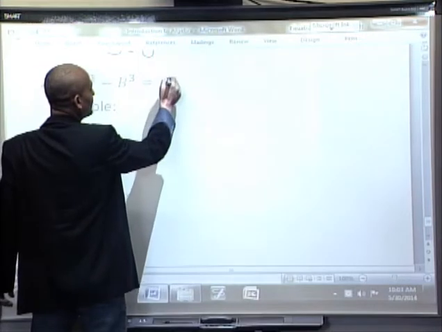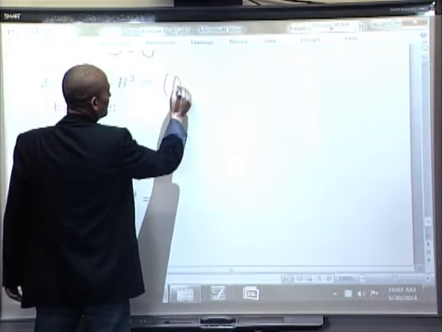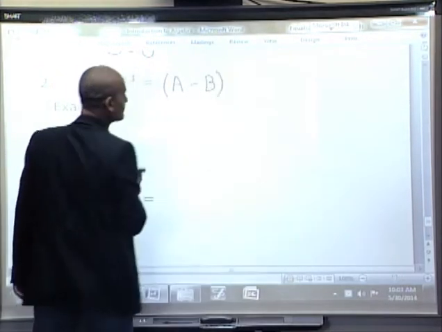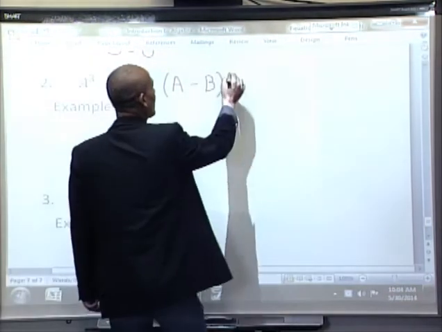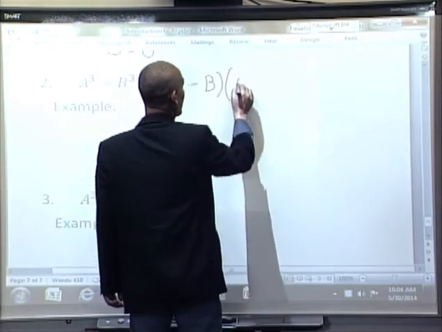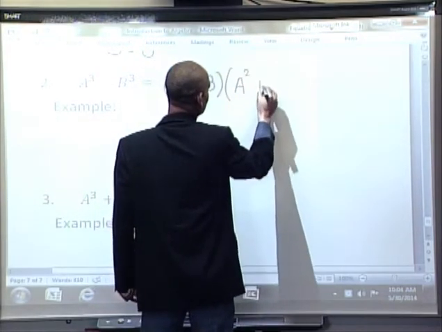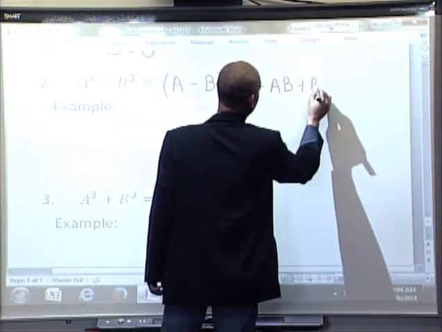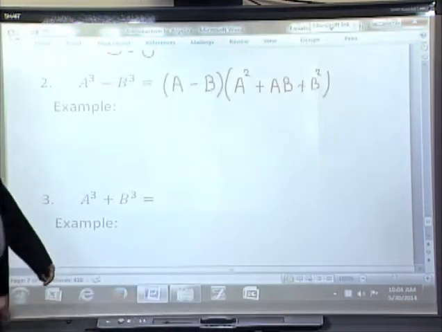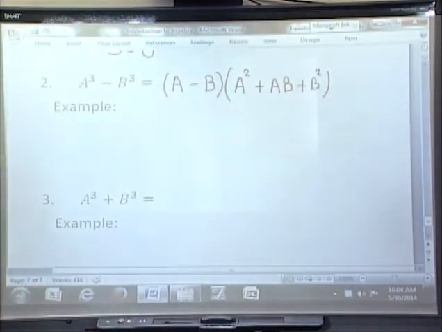The formula is this: a minus b, the first quantity minus the second quantity, times the square of the first quantity plus the first quantity times the second quantity plus the square of the second quantity. This is the formula that can be used to factor an expression which is in the form of the cube of one quantity minus the cube of another quantity.